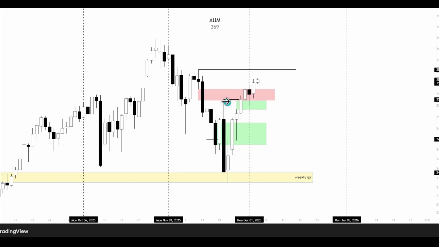Right here you can see the candle that takes out the swing high creates an FVG, so price will reach into it to rebalance it. As it rebalances, price closes above this range. Now we are expecting price to either reach it all or come inside this range to expand higher.